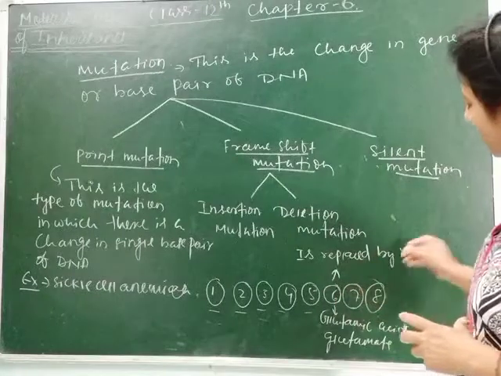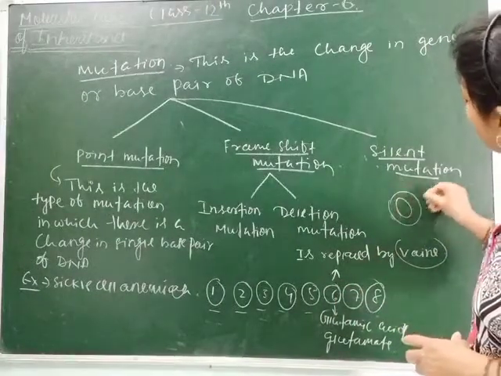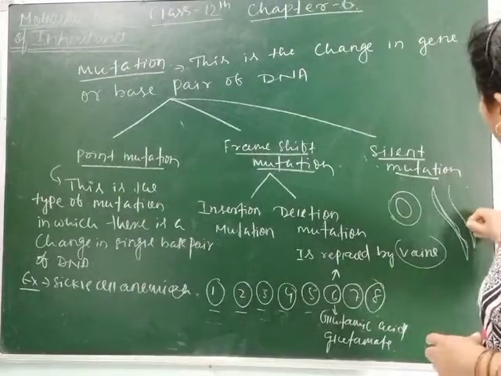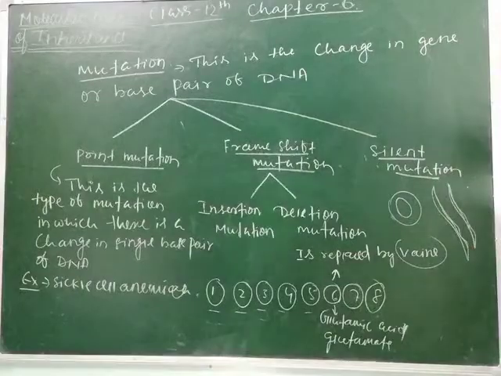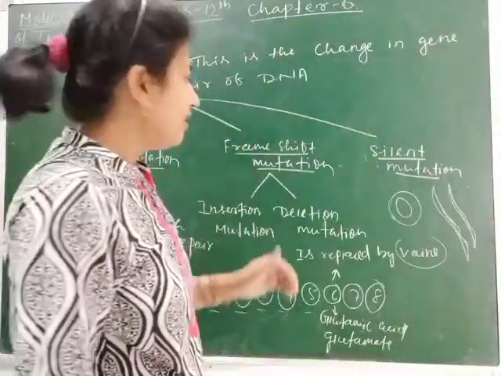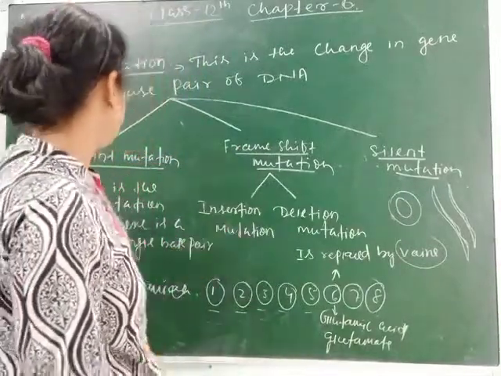Then the normal biconcave shape of RBC becomes sickle, narrow and elongated. And this shows point mutation. Clear? I already explained it in chapter 5.